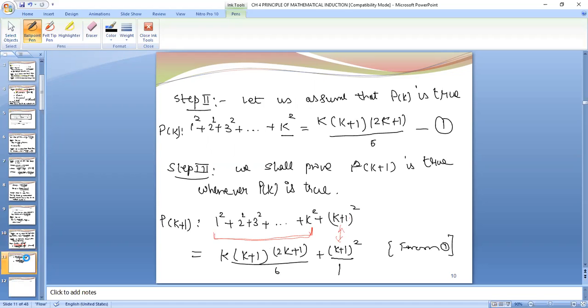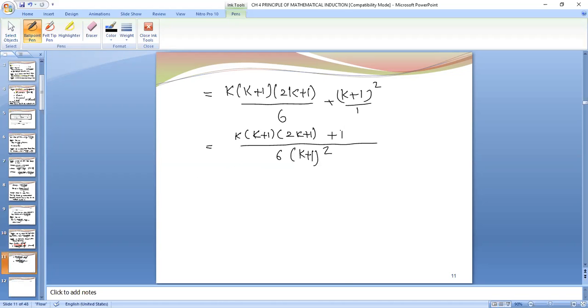Then we will be taking LCM. Okay, in LCM I'm taking wrong? LCM will be 6 only. 6 is the LCM. So we are getting k into k plus 1 into 2k plus 1 plus 6 in the bracket k plus 1 whole square.